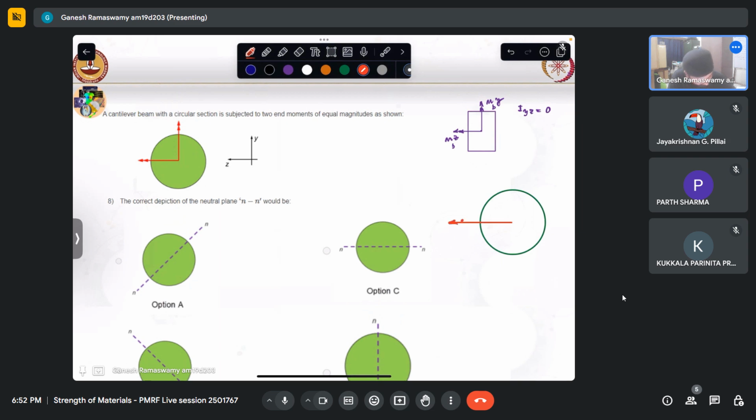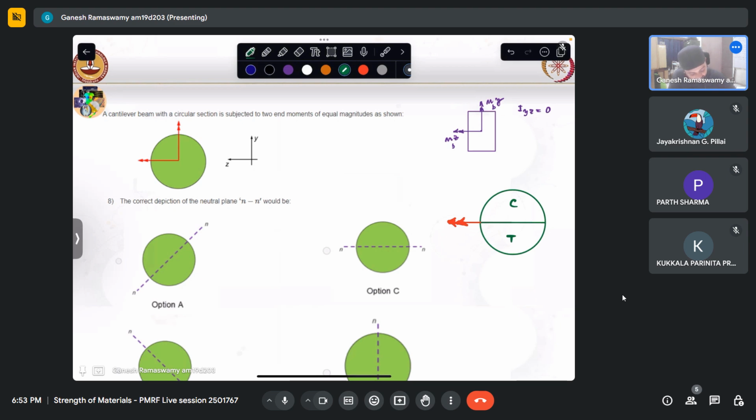When I have this, if I were to wrap my fingers around this double-headed arrow, such that my thumb points in the direction of the arrow, then I can see that it will create a bending which will result in tension on this side. It will divide it into two zones where this will be in tension and this will be in compression. So I hope you are able to see that easily.